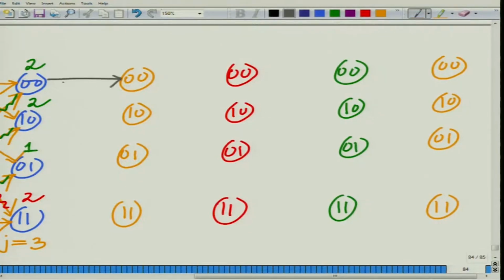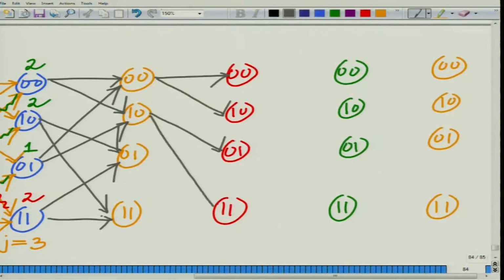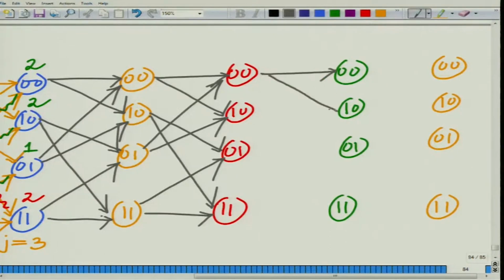So now I am going to draw the branches. This is very simple because all you need to do is repeat the trellis, repeat the stages at every time instant. It's a repetitive structure which makes it very convenient and advantageous.